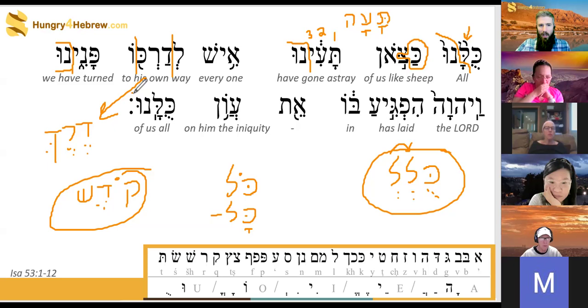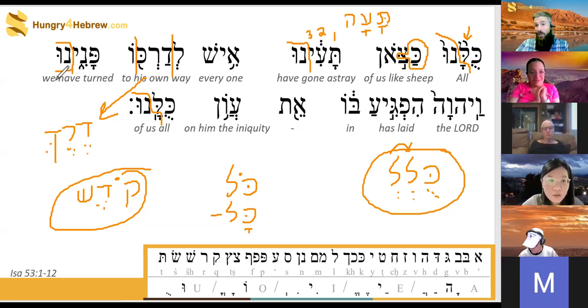Like kulanu is a pronominal suffix. It's all of us. If you added a pronominal suffix to a verb, then it has to be the object of the verb. Somebody did something to the object. But here, that's a katal suffix. It actually tells us who the subject is. So no, it's a katal suffix.